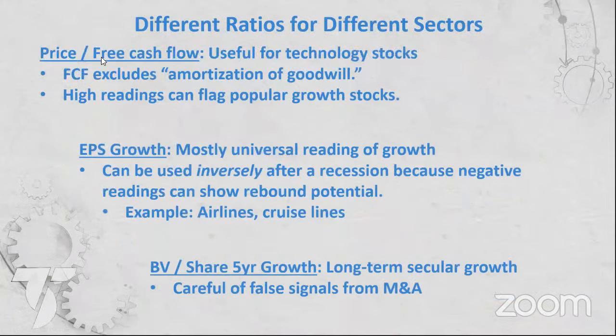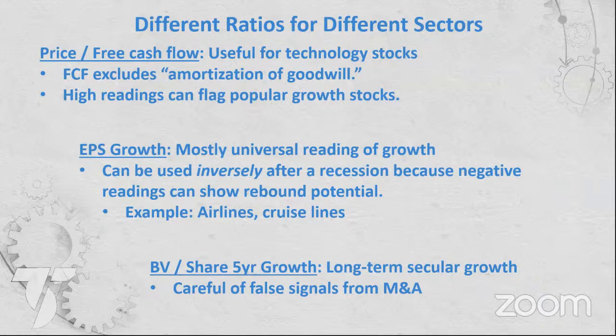Okay. Price to free cash flow is useful for technology stocks because it excludes the amortization of goodwill, as I said earlier. What's interesting is sometimes when you look at companies that were really moving higher recently, like Digital Turbine or Twilio, or Snap, or Fastly for a while was in this group, some of the really high profile stocks, they can trade at extremely high price to free cash flow, but that actually can be a sign of bullish momentum because it means that the market likes those stocks.